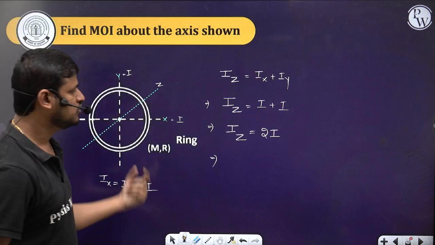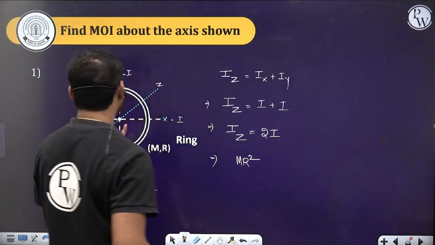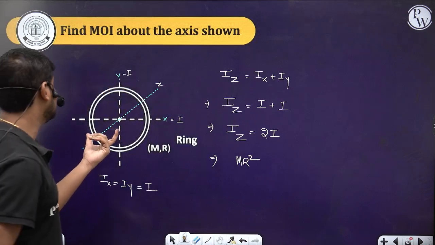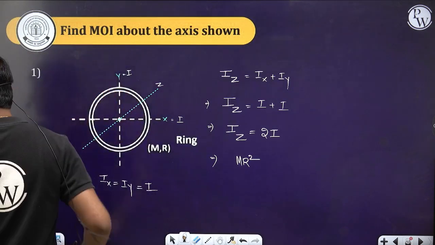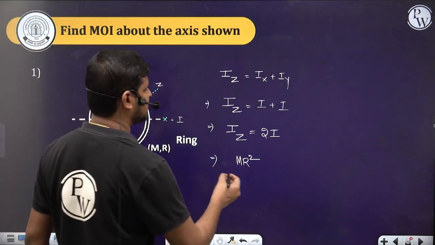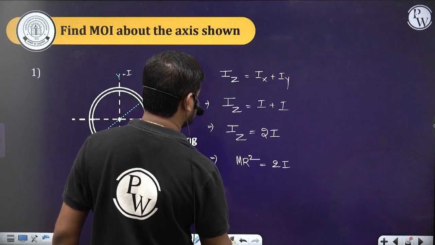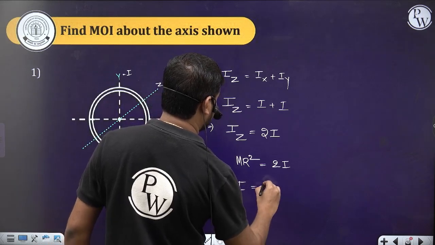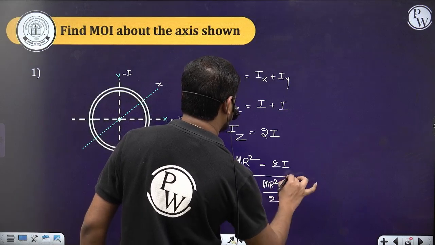We already know it is MR squared. So MR squared equals 2 times I. From here, the moment of inertia about the x axis or y axis is MR squared by 2.